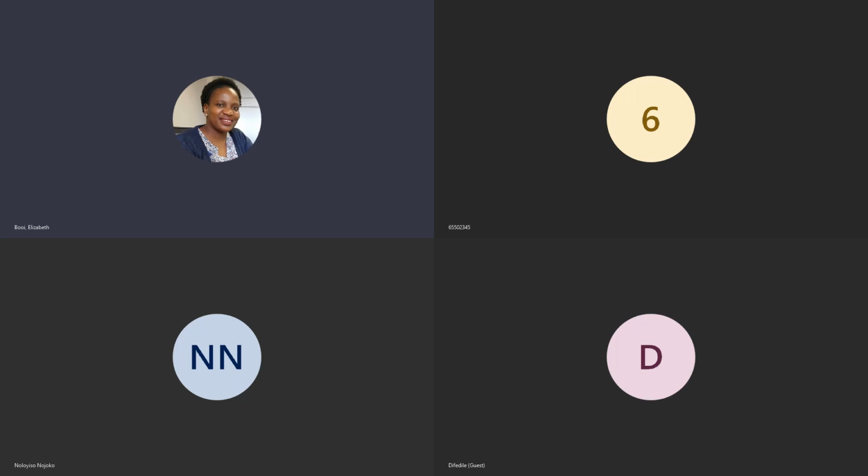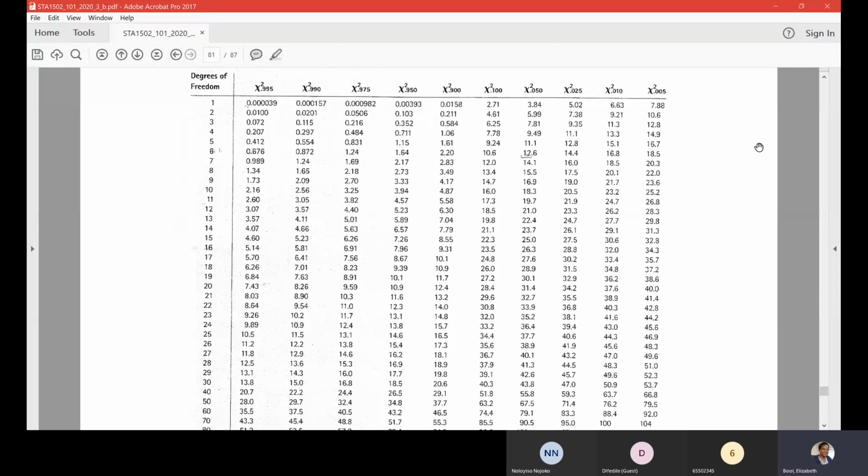We locate the critical value by going through the same process. Okay, found the table. So remember, we're looking for alpha of 0.05 and the degrees of freedom of 6.